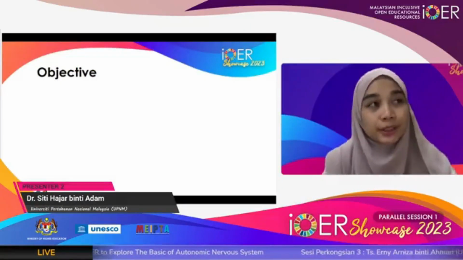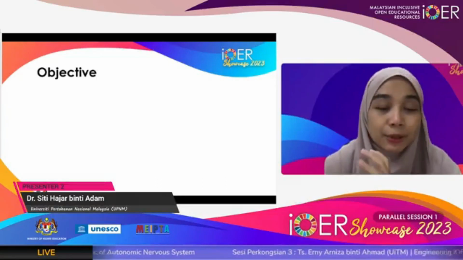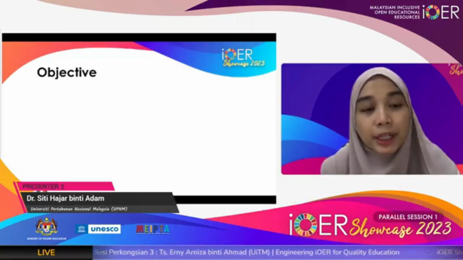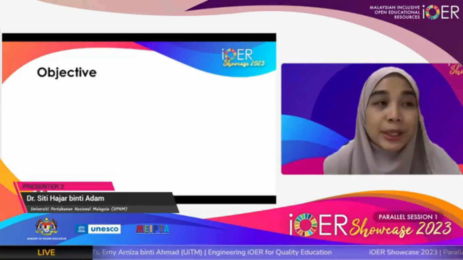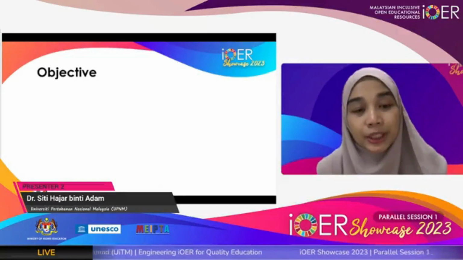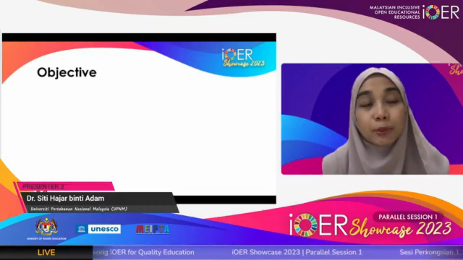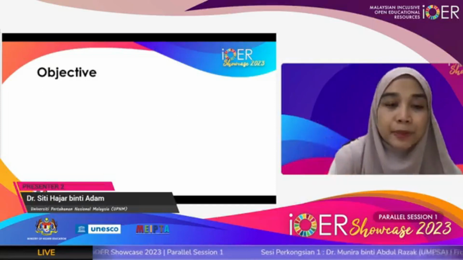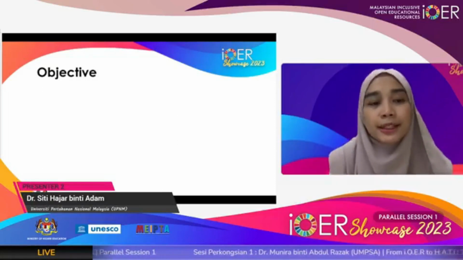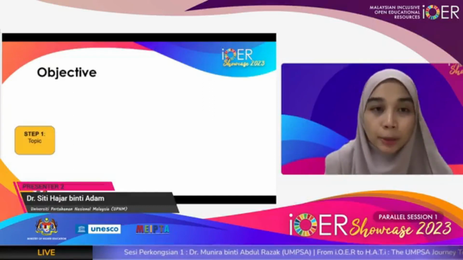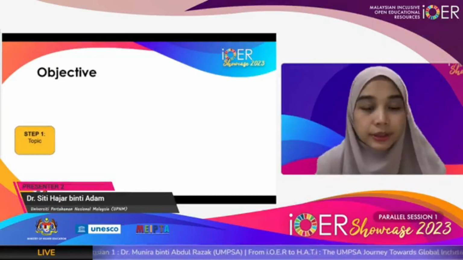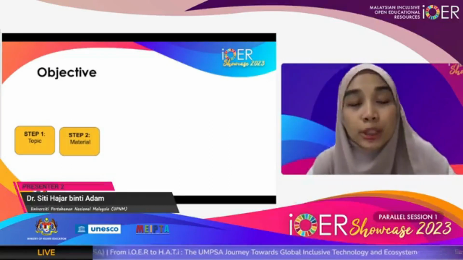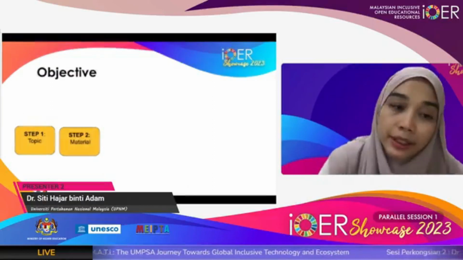The objective for my session today is a sharing session on how I approached producing my iOER material. As a beginner, I just learned about iOER. I took this workshop and prepared the iOER material in 5 simple steps. The first is selecting a suitable topic. The next is identifying the suitable material that fits the topic.